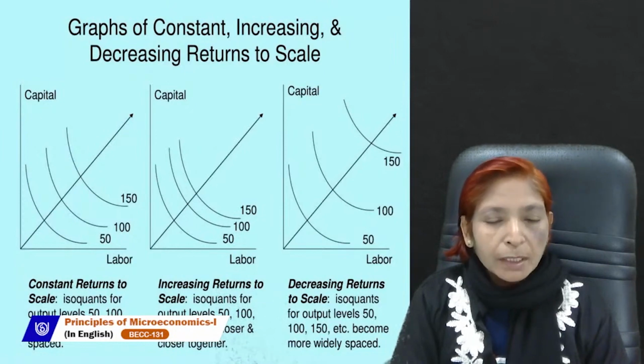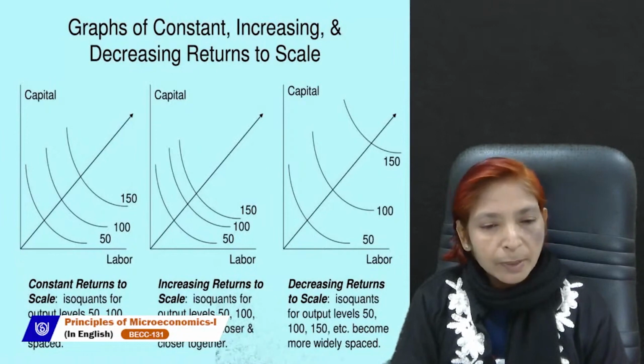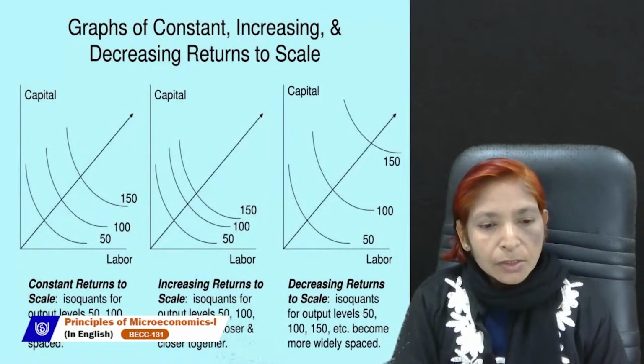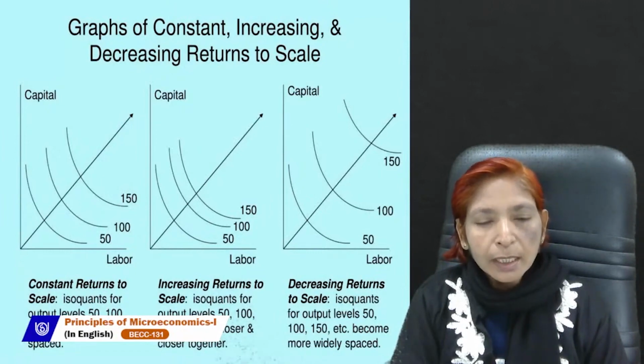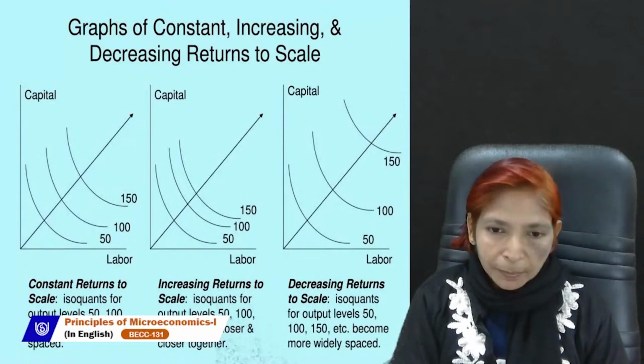But in this diagram, the gap between 50 and 100 is more and the gap between 100 and 150 is less. So the isoquant curves for output levels 50, 100 and 150 get closer and closer together. This represents an increasing returns to scale situation.